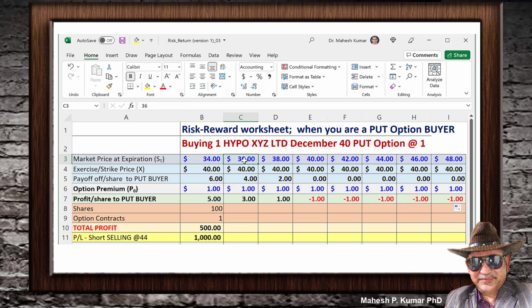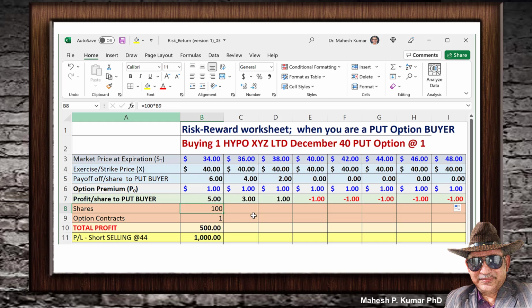It is 3 when market price on expiration is 36, and then at 38 it is 1, and from 40 onwards profit is negative, which means loss, and loss is $1, and this loss is the option premium that you have paid as put option buyer.